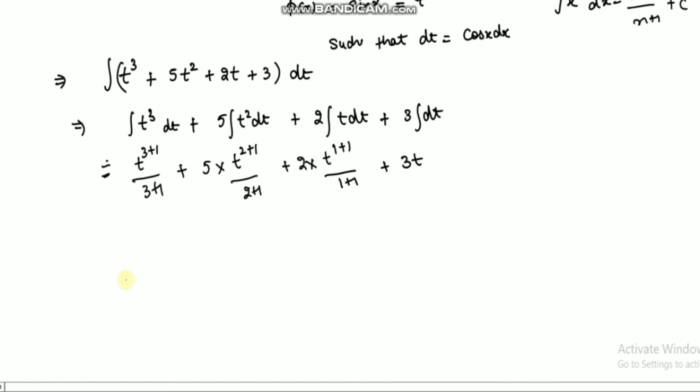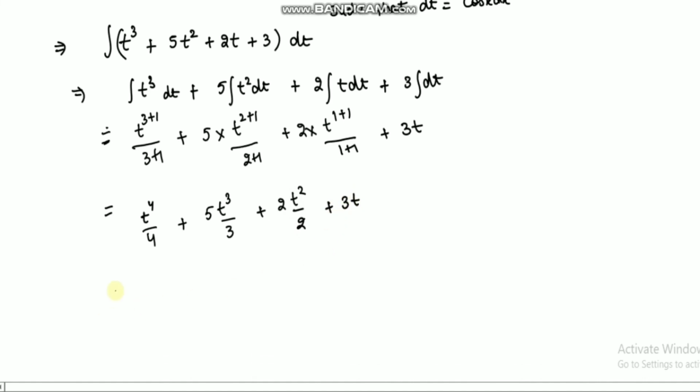So this becomes t raised to power 4 by 4 plus 5 t raised to power 3 by 3 plus 2 t raised to power 2 by 2 plus 3t. Again it can be simplified as t raised to power 4 by 4 plus 5 by 3 t cube plus t square plus 3t plus c.